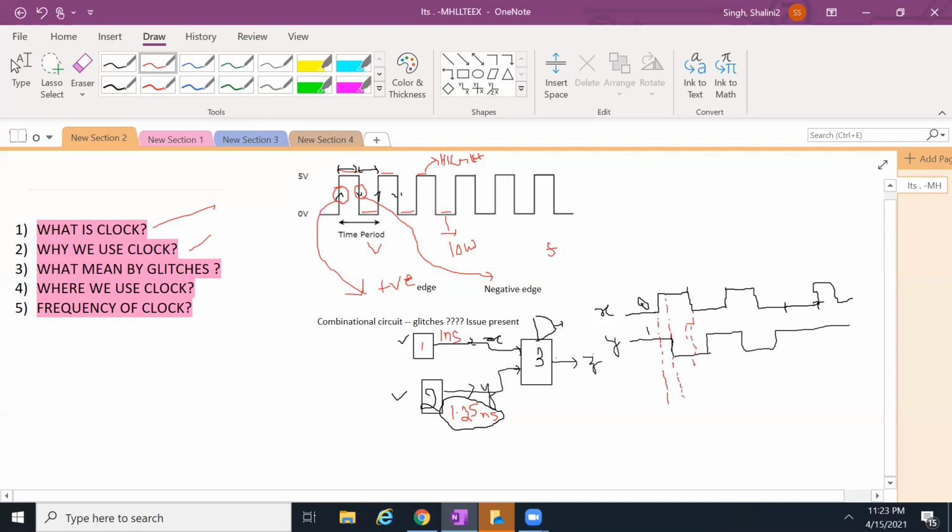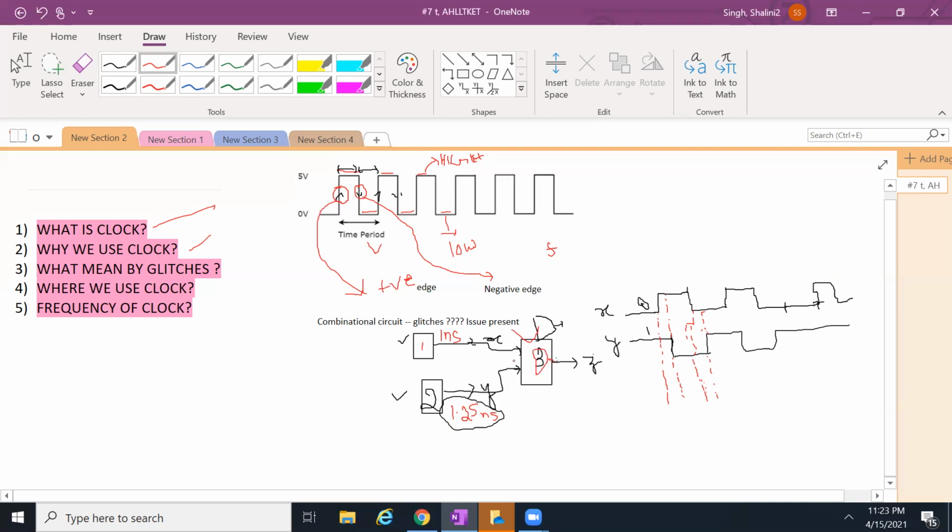Now we'll see what value the third hardware accepts. This is also a combinational circuit, but here I use an AND gate. So in the third hardware we'll see the AND logic.